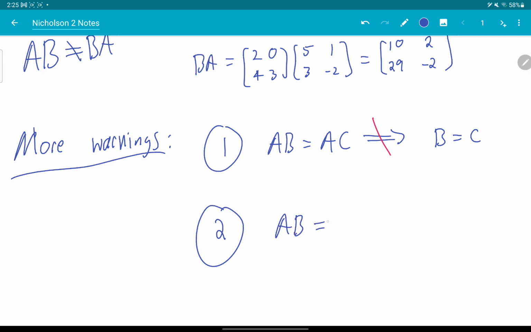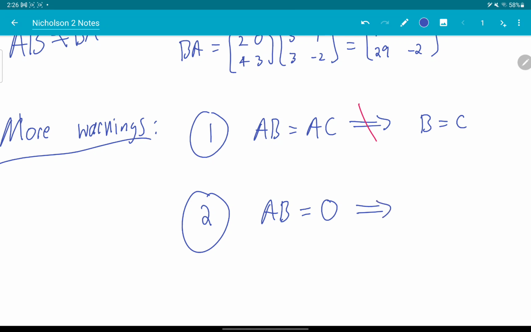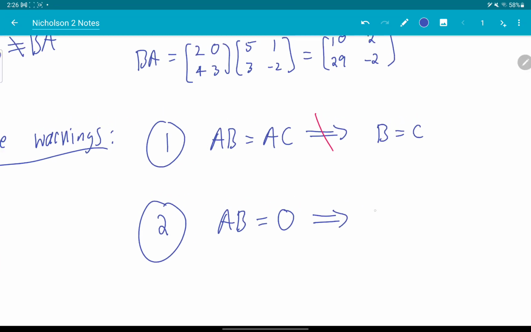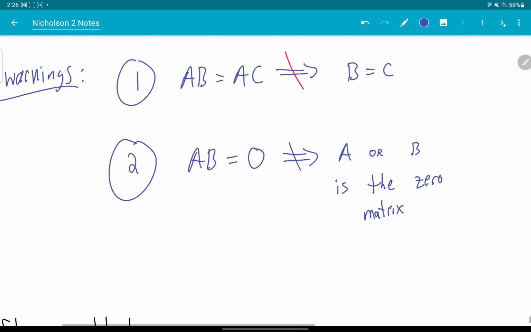And if I have AB equal to the 0 matrix, that does not imply that A or B is the 0 matrix. Okay, let's see if I can dream up some examples here.